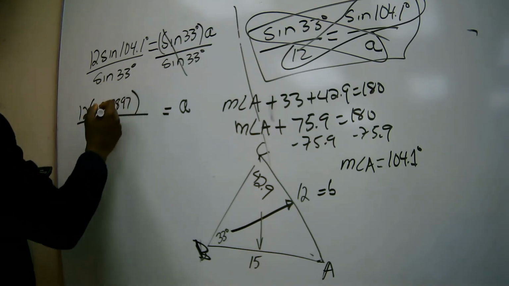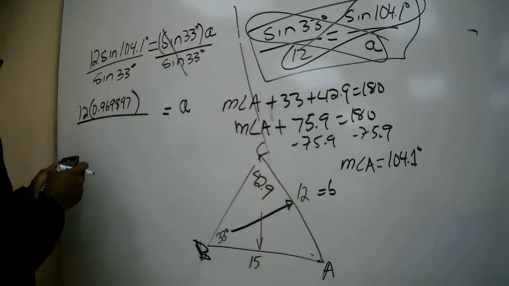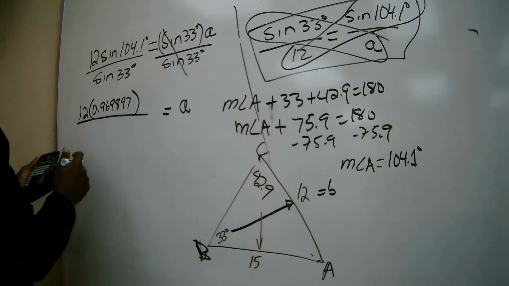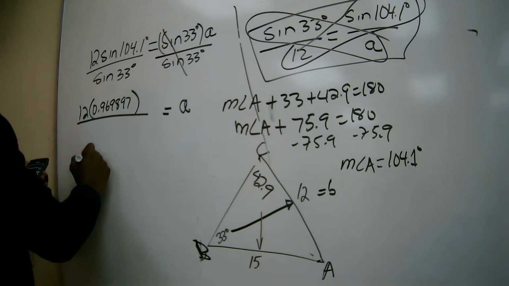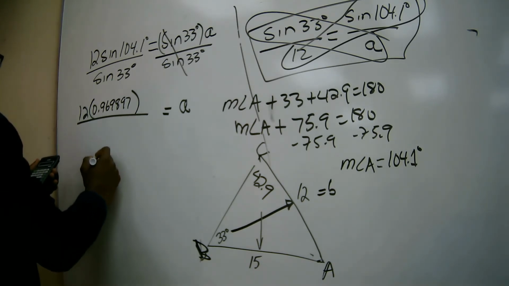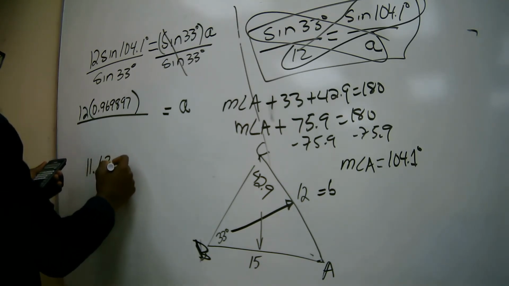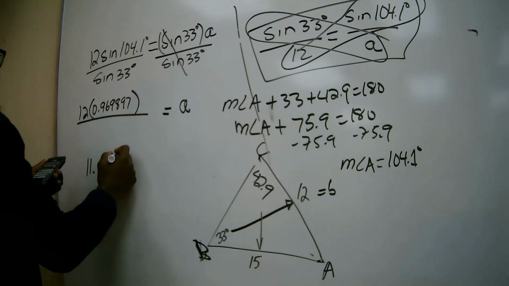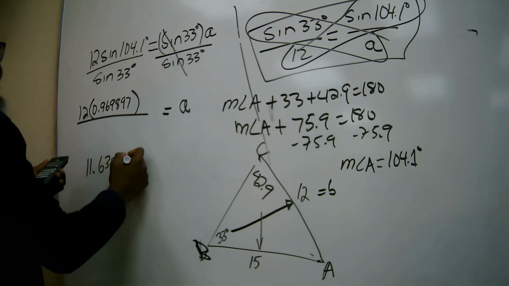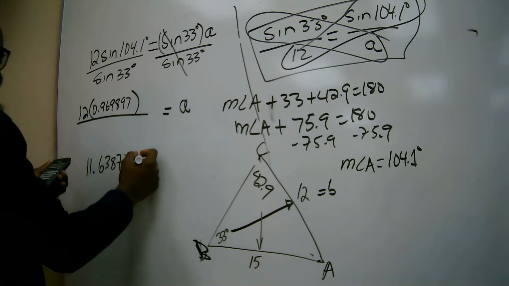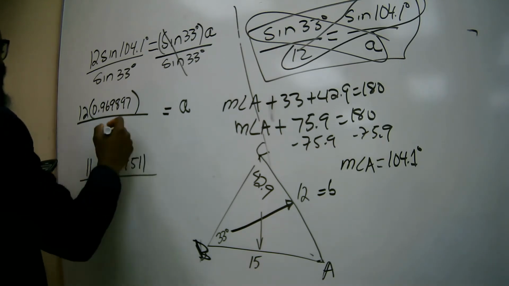Divide by sine of 33. If I multiply this by 12 first before I click my calculator, it will give me 11.638775, then times 1 divided by sine of 33.